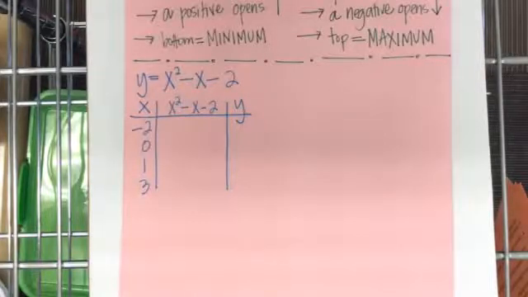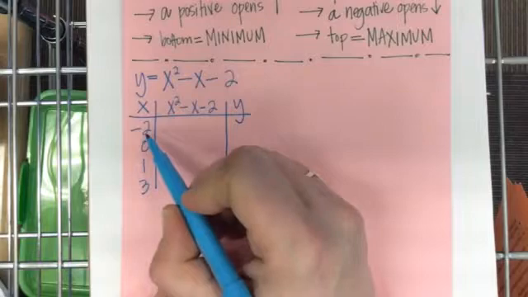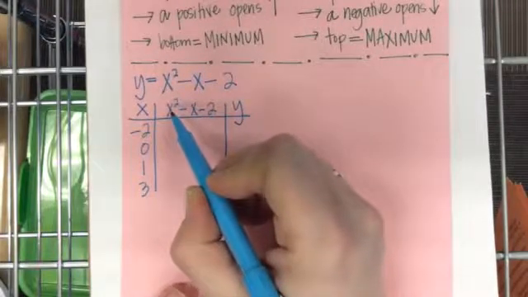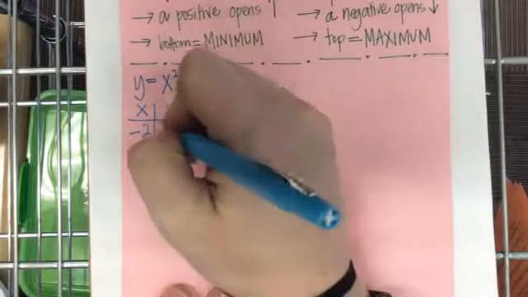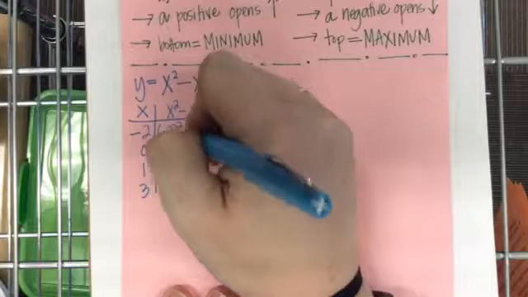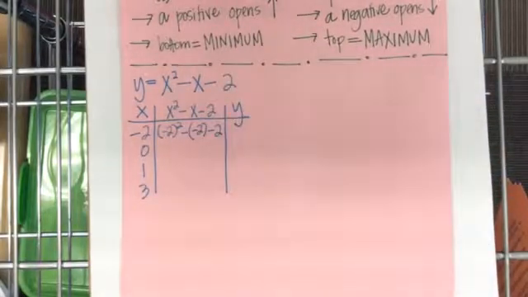Okay. I'm going to substitute the value of -2 in for x, correct? When I substitute, what should I always use? Parentheses. So (-2) squared minus (-2) minus 2.